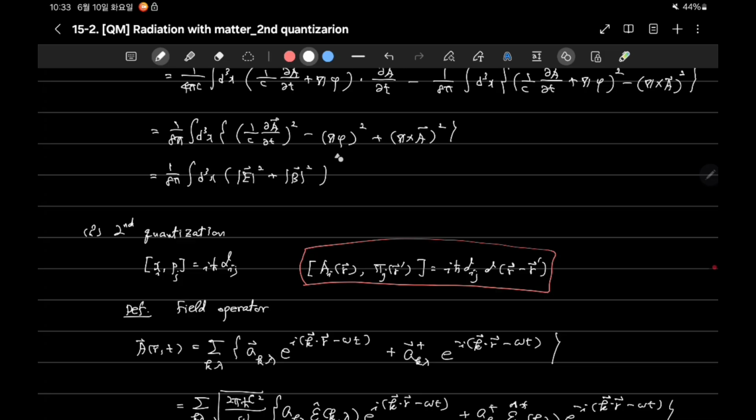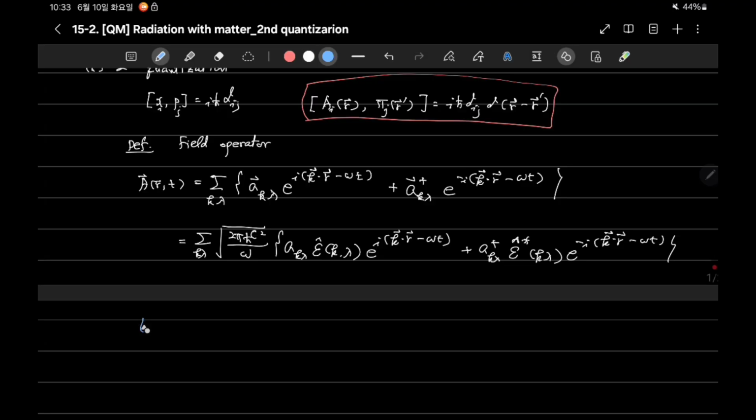It is a static field case, without the static field, so let's ignore this term. In this case, let's calculate the Hamiltonian. So we should calculate this one.